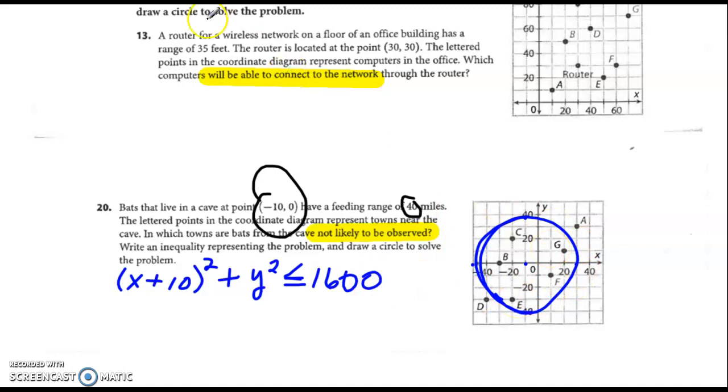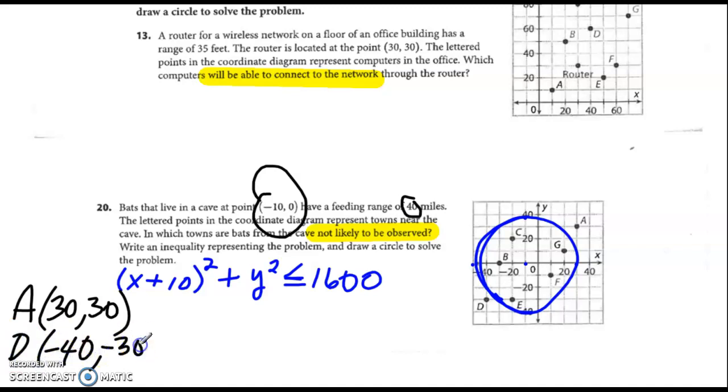So let's go ahead and do that. We're going to check the points. The location of A is (30, 30), just to be sure. D is at (-40, -30). And then which one is kind of close? E, we're going to go ahead and show E as well.